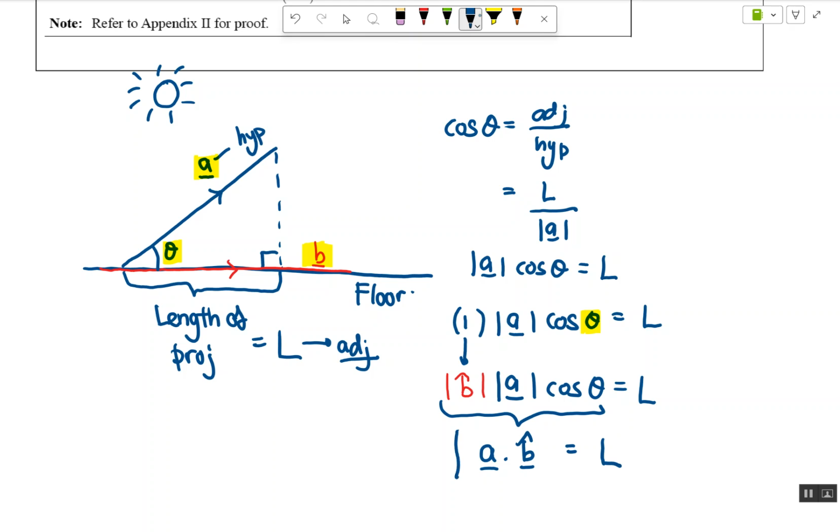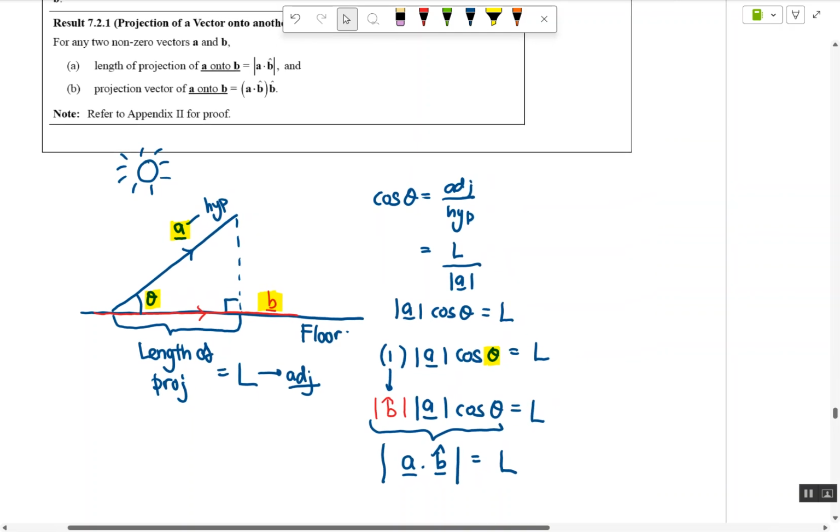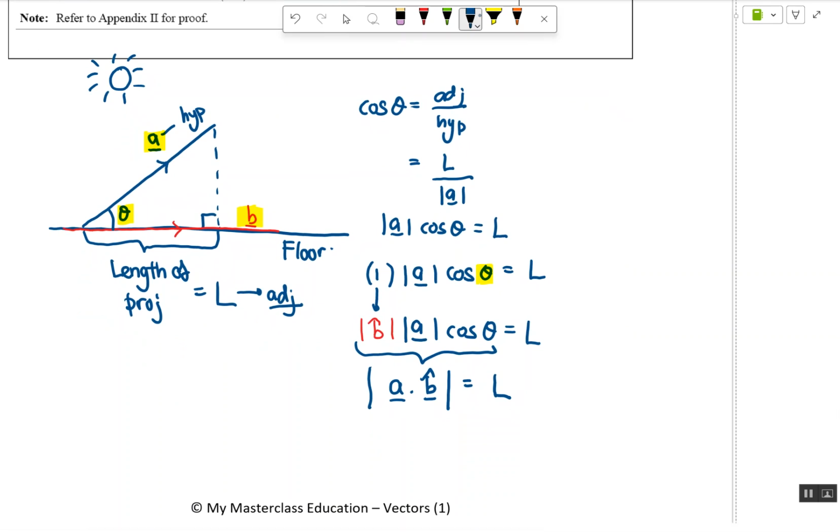So I need the positive value of A dot B hat equals to L. And that is how I get the length of projection, which is the modulus. This is not the magnitude of A dot B hat, it is the modulus of A dot B hat. And it all comes from your right angle triangle. So the L, which is the length of projection, is this.